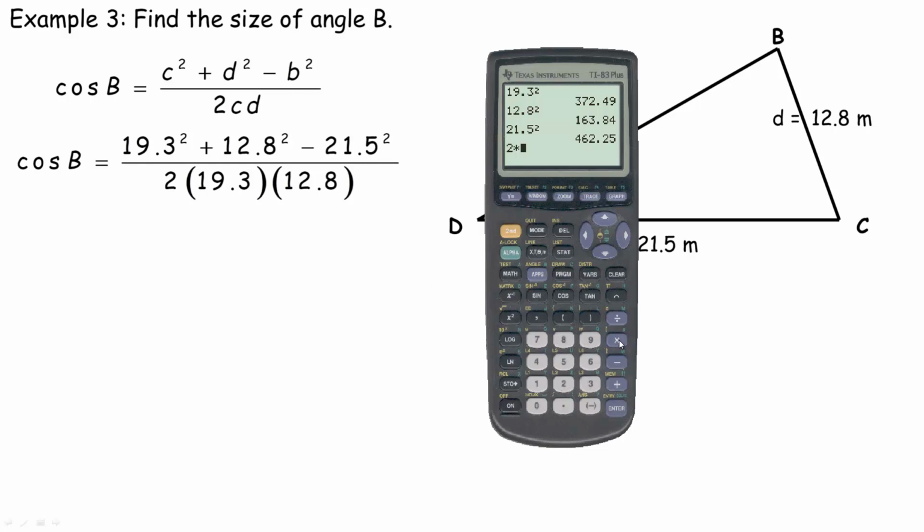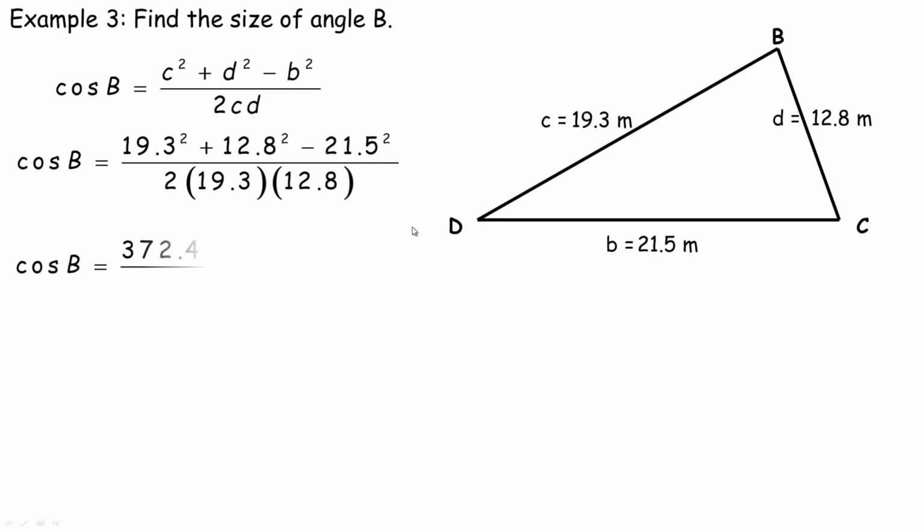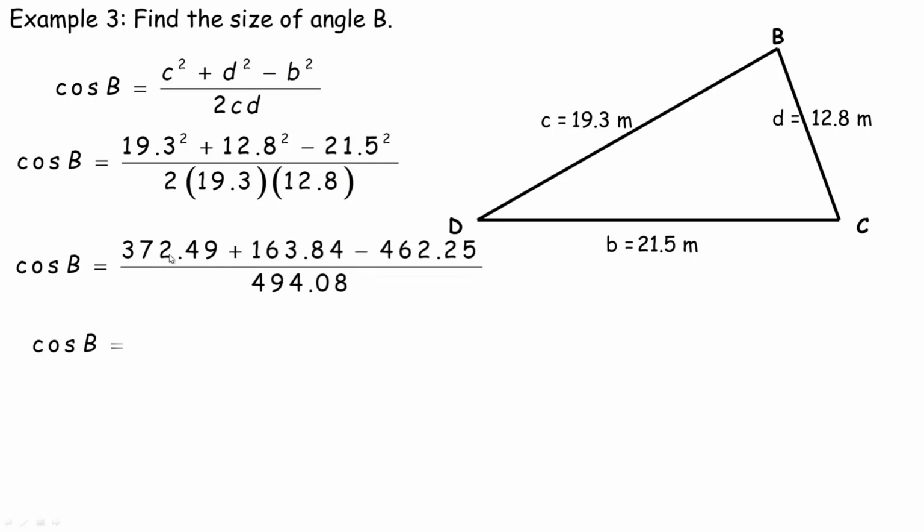And in the denominator, that's what it's going to be divided by, 494.08. So we'll see all those values, all four of these now. Of course, we just add and subtract here. We're going to divide by 494.08. And so that's what that works out.